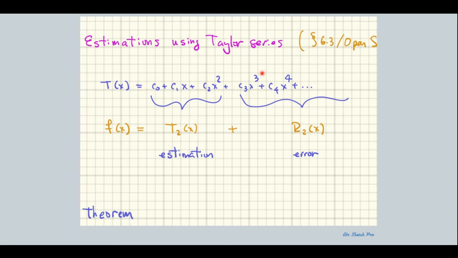So in particular, if I know what the largest possible value for this is inside my interval, then I will know that my approximation is correct to within that amount of error. The idea is I want to do this so that I know the largest possible value of this next term is less than 1 in 1,000. And that would guarantee I'm correct to 3 decimal places.